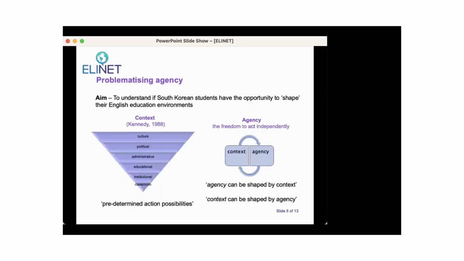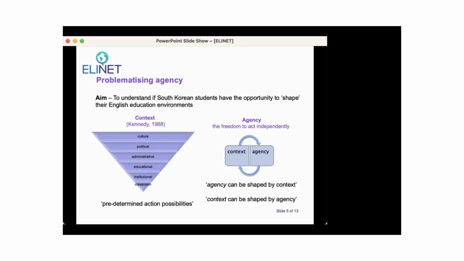My aim in this paper is to understand if South Korean university students have the opportunity to shape their English education environment. In order to do this, I first conceptualize context and agency for the purpose of this study. The left-hand figure is a simple representation of how the educational system operates in a hierarchy.